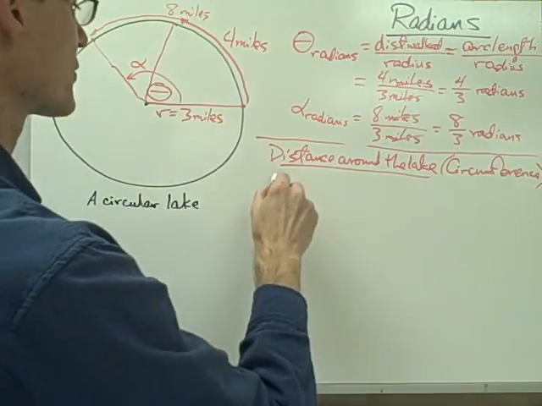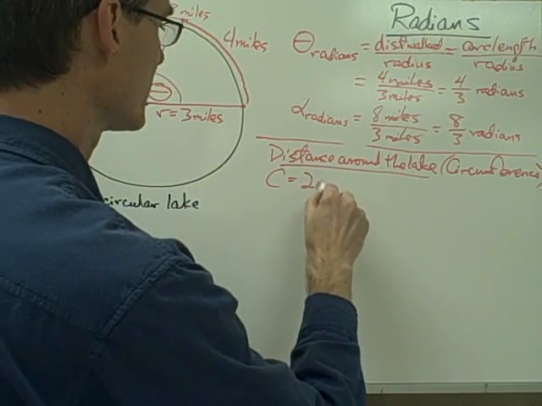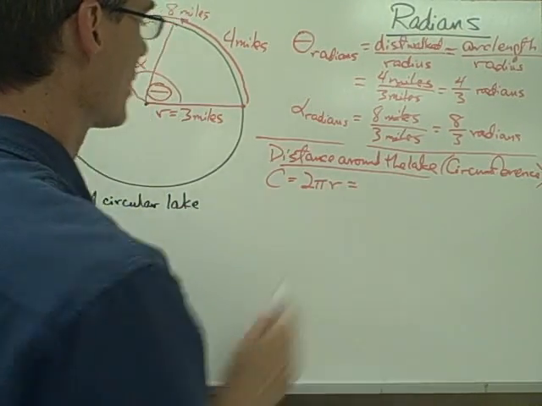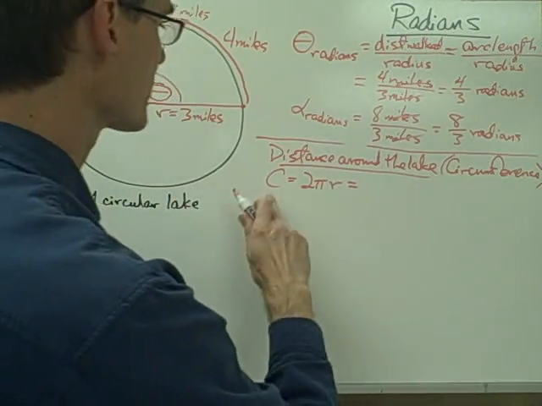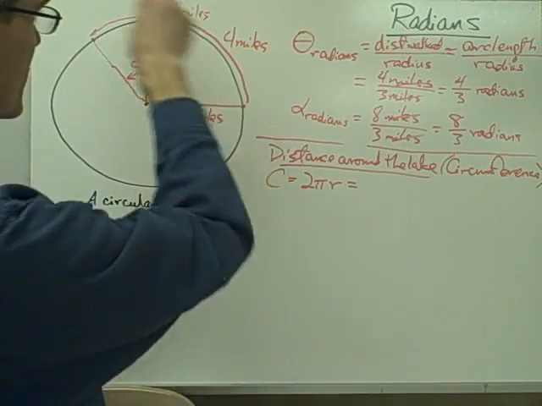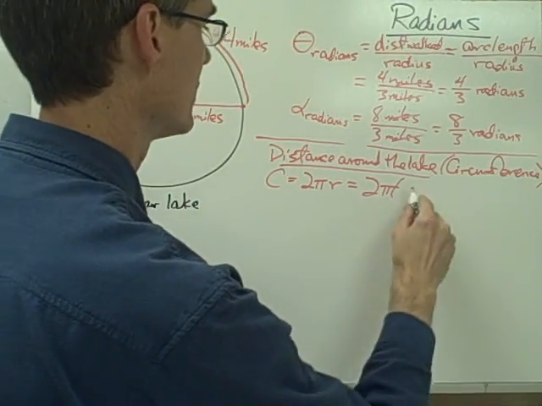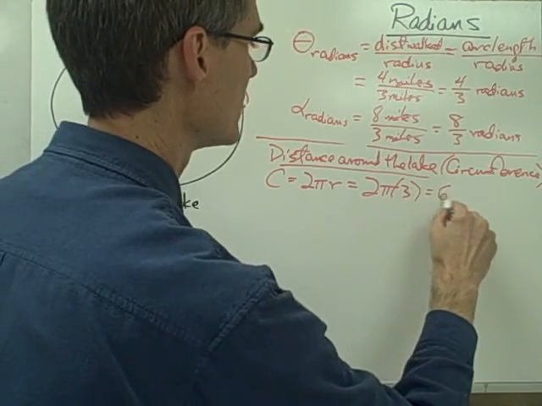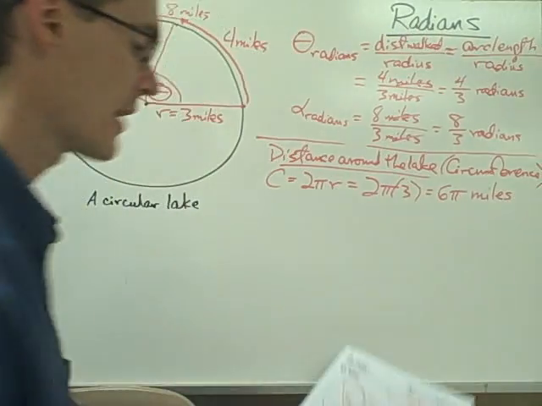And I know how to measure the circumference. The circumference of a circle is equal to 2 pi times r. Well, I know what r is. The radius of this circle is 3 miles, so the circumference, that is the distance around the whole lake, is going to be 2 pi times the radius, which is 3, which is 6 pi. So that would be 6 pi miles.